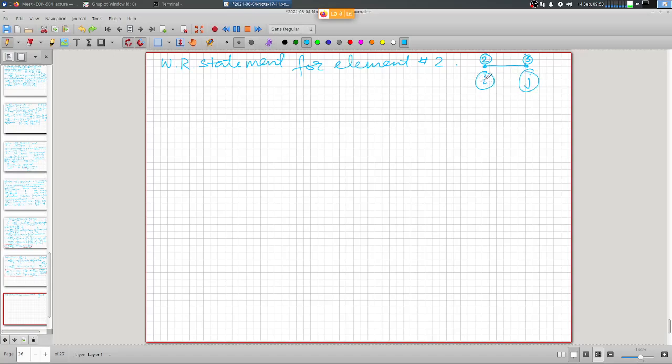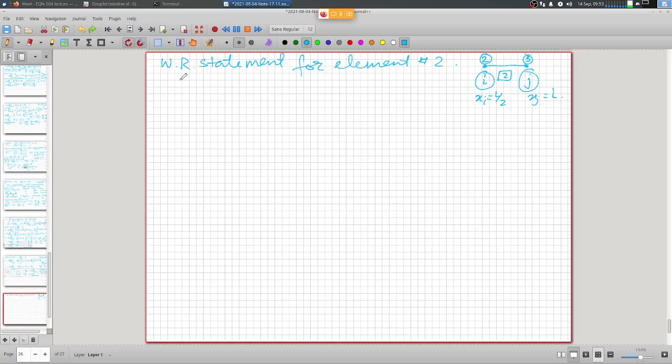Local coordinates, local node numbering, we call it i and j, but in the global mesh, node i for element number 2 is mapped onto node number 2 in the finite element mesh. Similarly, node j for element number 2 is mapped onto node number 3 in the finite element mesh, and xi here is L by 2, xj here is L.